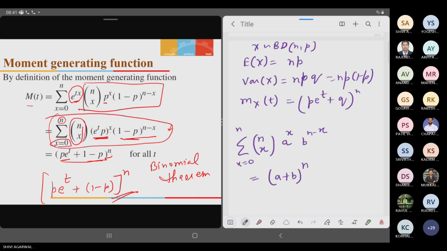Got it? This is known as the binomial theorem, basically. So from that we are getting this part here.